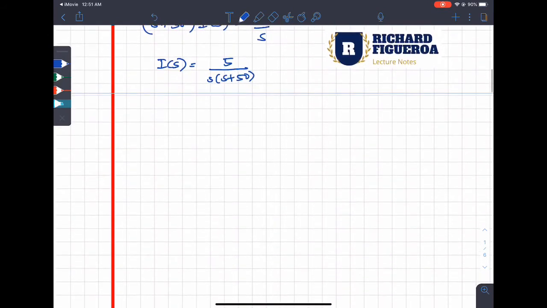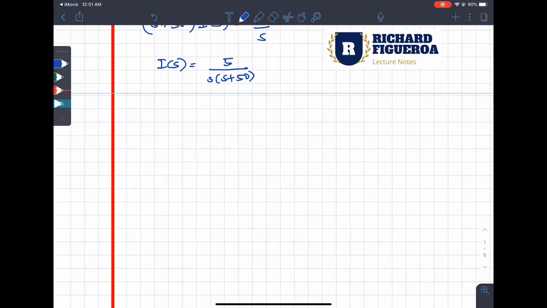And from here, to determine this current I of s, we will be getting the inverse Laplace of this given function.